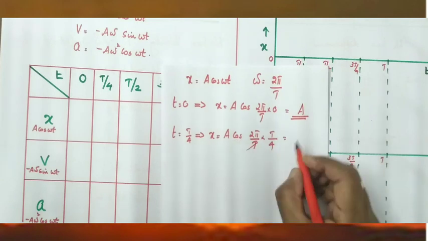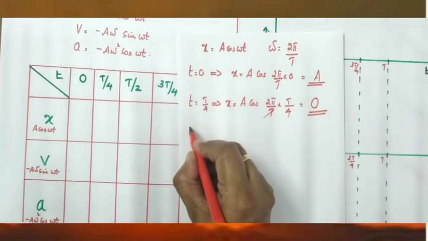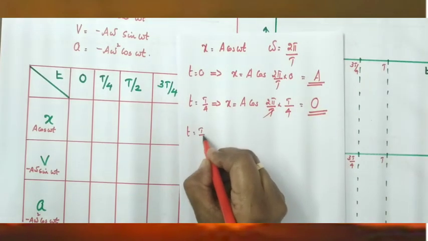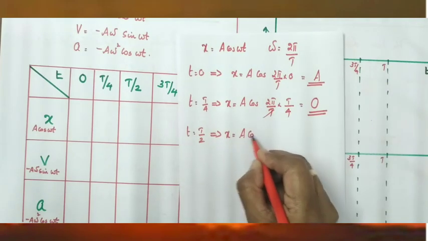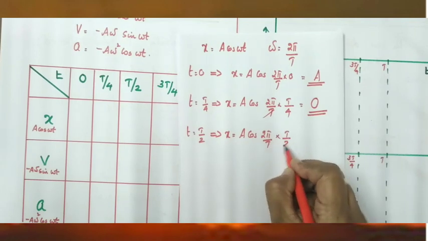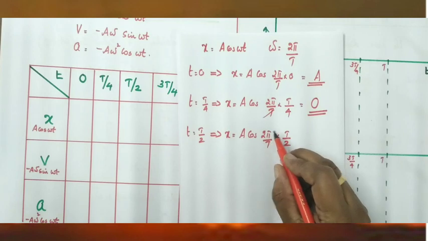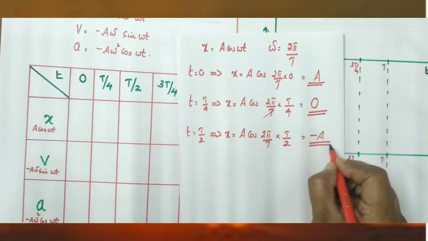Cos 90 is 0, so it becomes 0. Then when t is equal to T by 2, what is x? x is equal to A cos(2 pi by T into T by 2). T gets cancelled, cos pi is minus 1, isn't it? Cos 180 is minus 1. So here it becomes minus A.